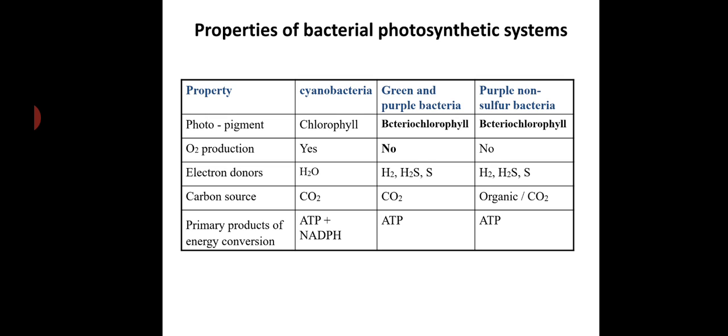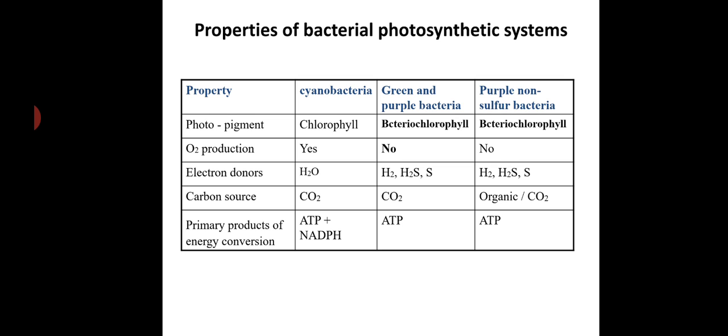Bacterial photosynthetic systems have certain properties which are studied in cyanobacteria, green sulfur bacteria and purple non-sulfur bacteria. Properties like photopigment: in cyanobacteria, this photopigment is chlorophyll. In green sulfur and purple bacteria, it is bacterial chlorophyll.